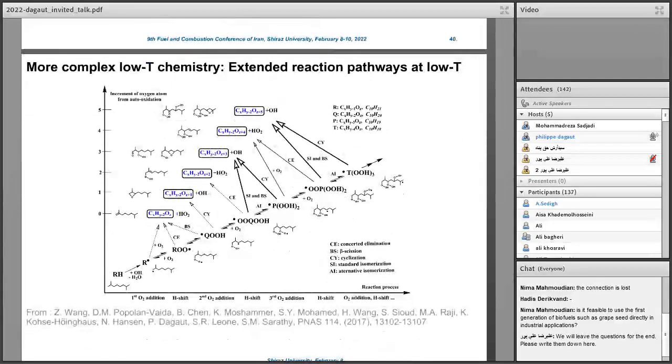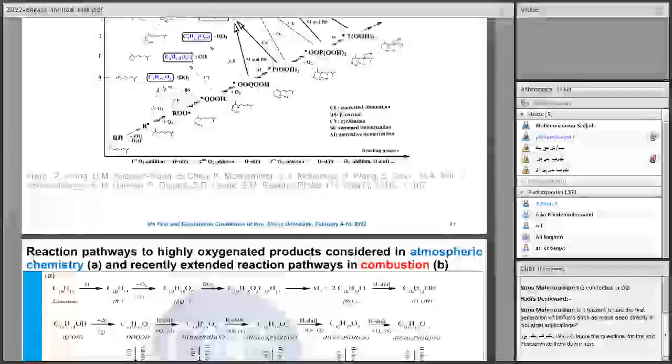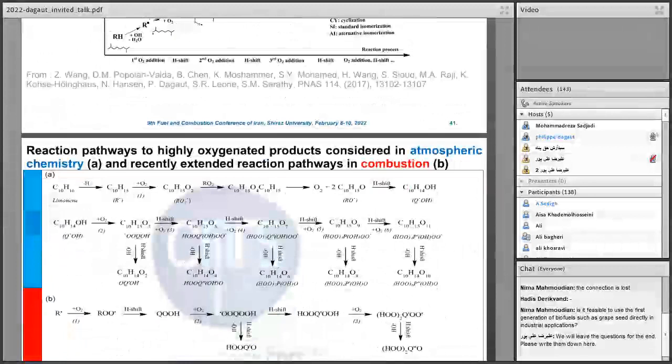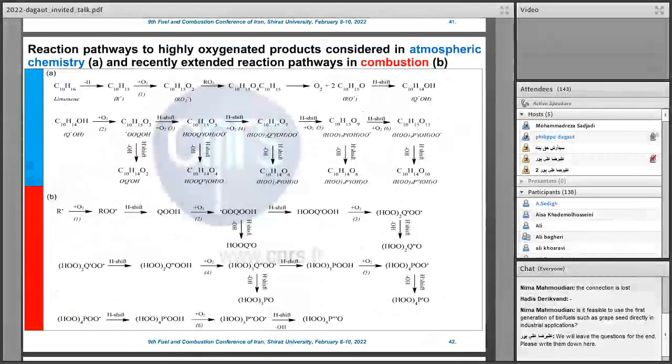But because the mass spectrometer we were using was not very efficient, we couldn't see more than 3 or 4 O2 additions. With the technique that we are using here in Orléans, we can go much further.